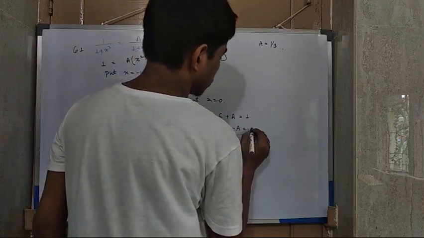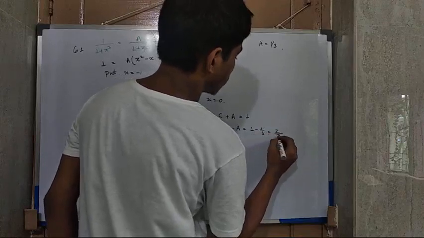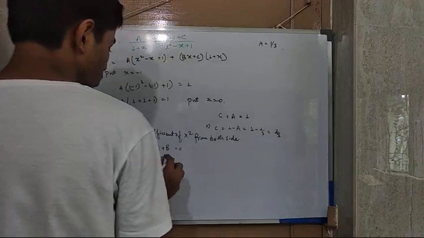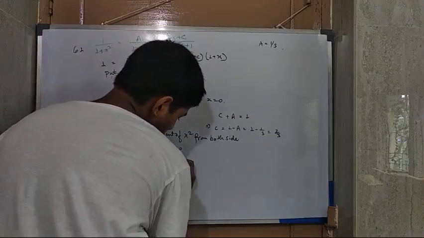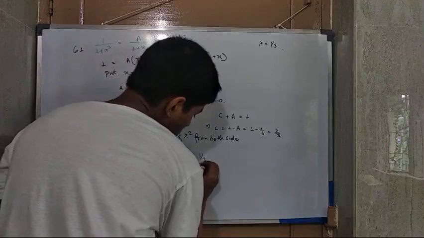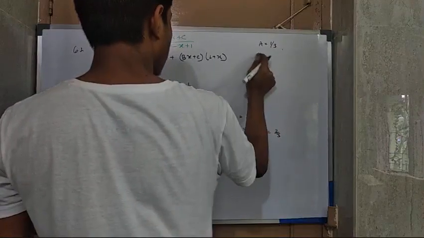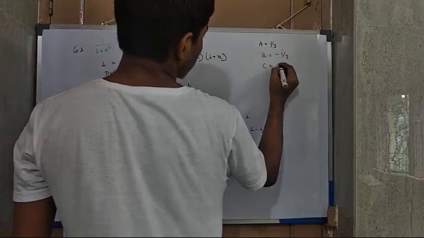This is 1 minus a, which is 1 minus 1/3. This is 2/3 actually. Sorry, c is 2/3. And b is minus a, which is minus 1/3. So a is 1/3, b is equal to minus 1/3, and c is equal to 2/3.